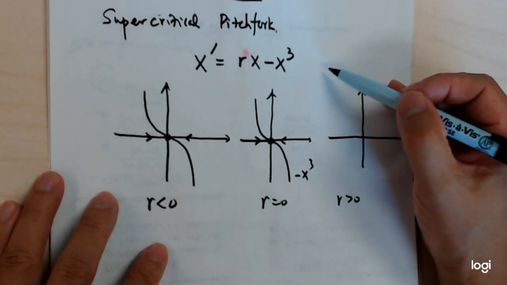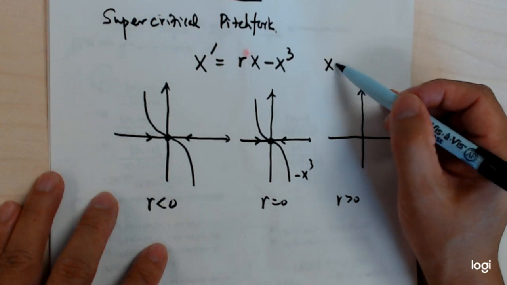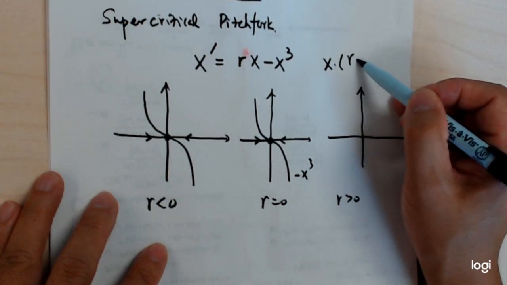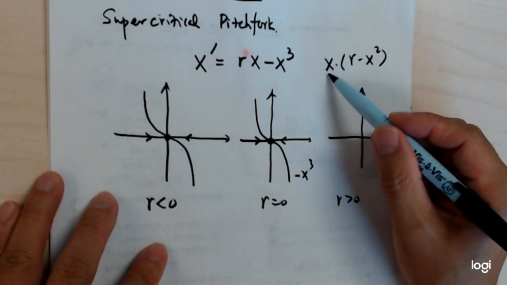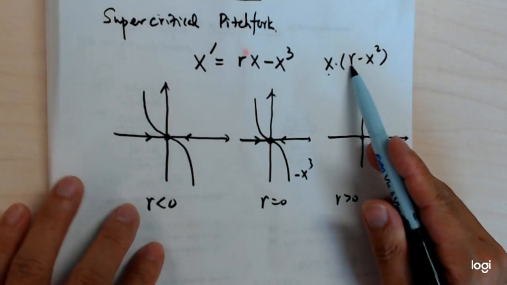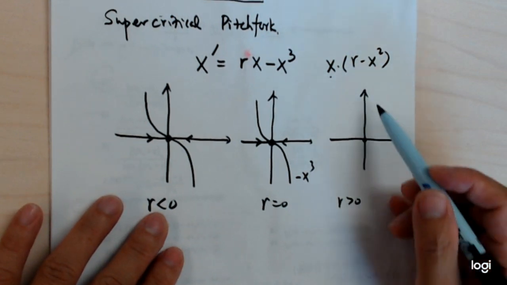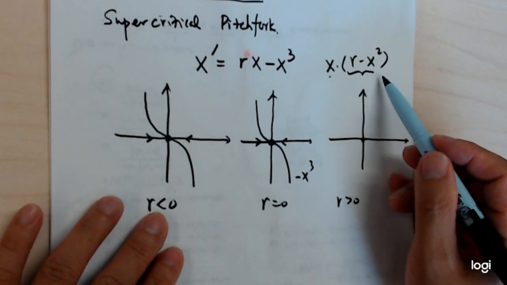If you want to factor this equation, you will be able to see this better, because you can factor out an x, and you have R minus x squared. You see? So x equals 0 is always an equilibrium, but when R is negative, there won't be any other equilibrium. But when R is positive, this part can be 0.